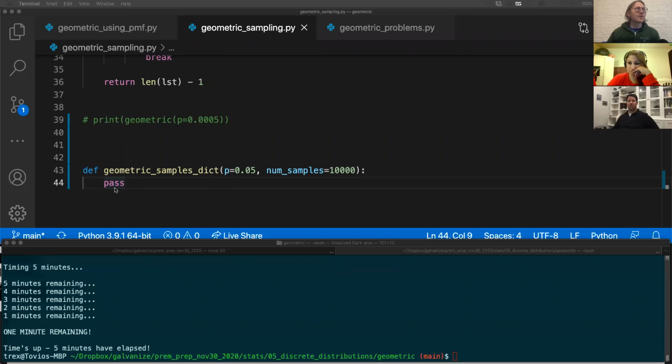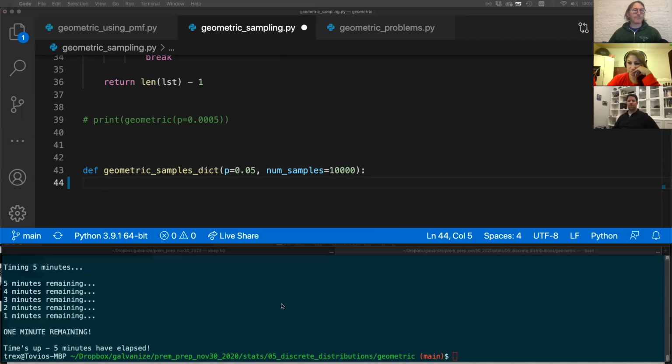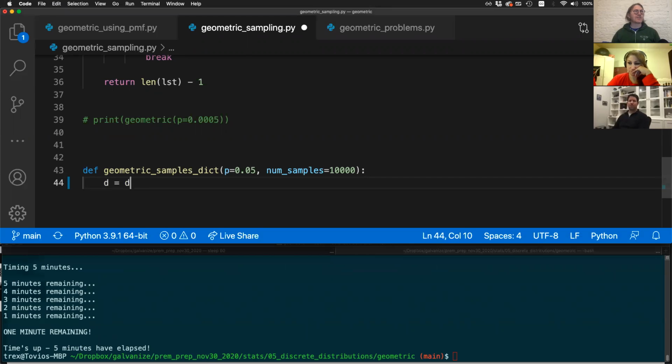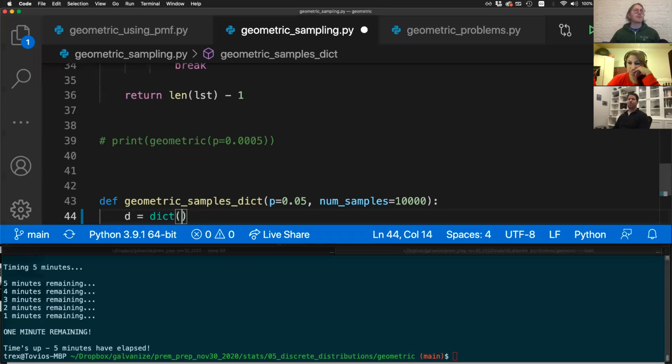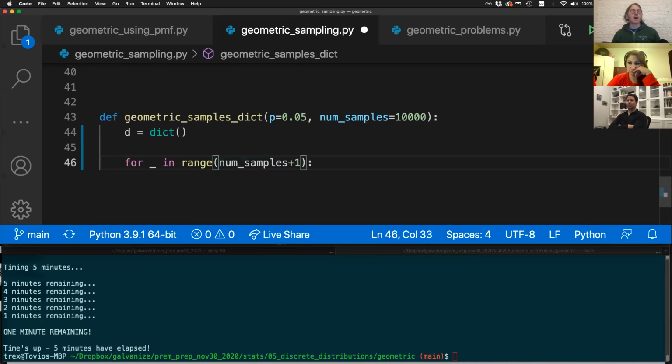Okay, so let's go through a solution here. Let's see. Instantiate a dictionary, right? Pretty much always the first step. And I'm going to say for whatever in range, and I'm going to do this num samples times. I don't need to do num samples plus 1 here, just because it's going to start at 0.